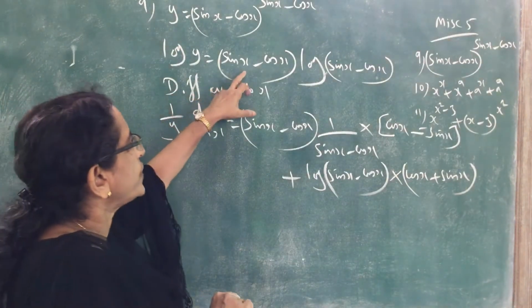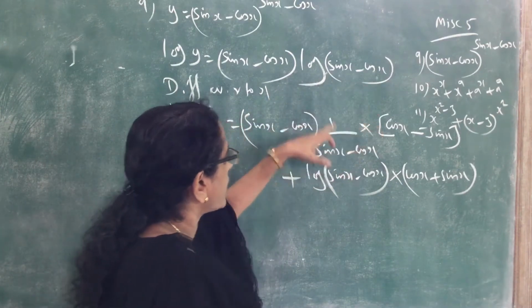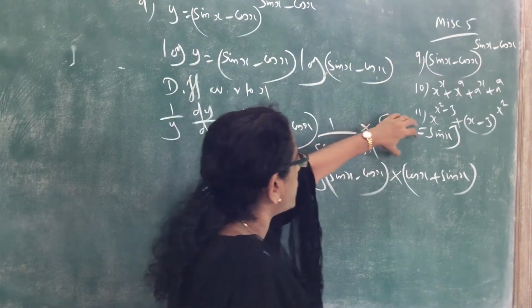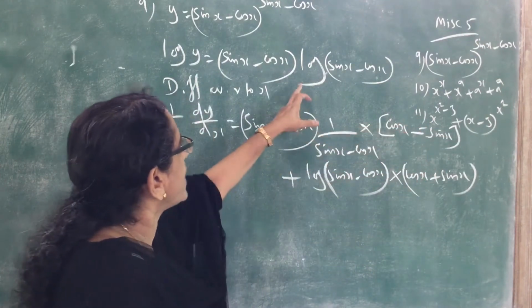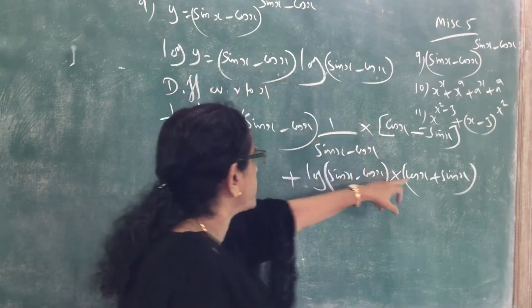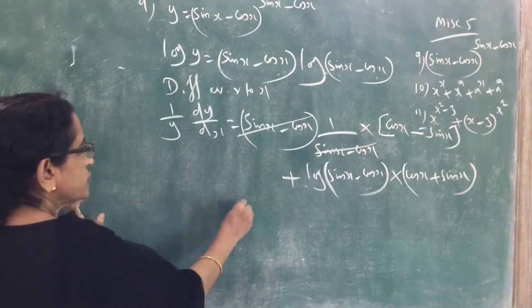First function into derivative of second, that is 1 by sin x minus cos x into derivative of sin x minus cos x, that is cos x plus sin x, plus second function log of sin x minus cos x into derivative of first, that is this one. See here, this sin x minus cos x will be cancelled. So what we get?